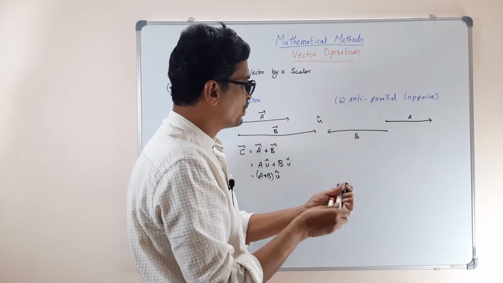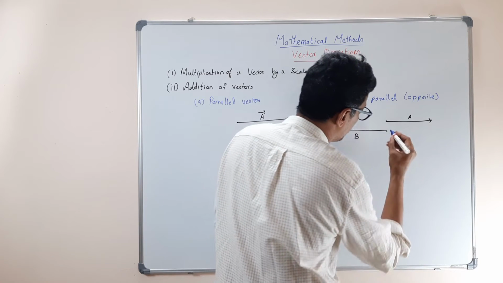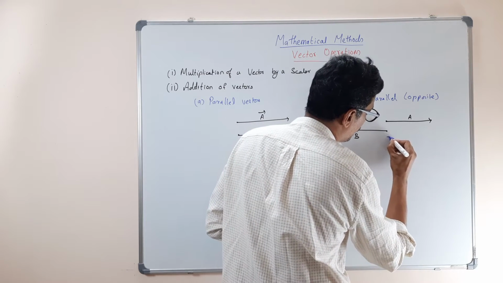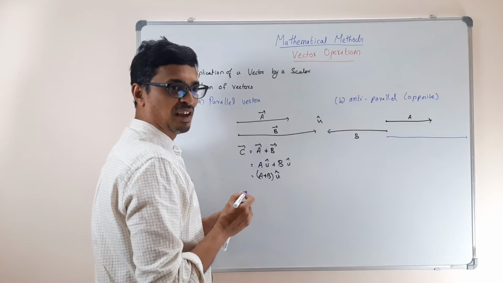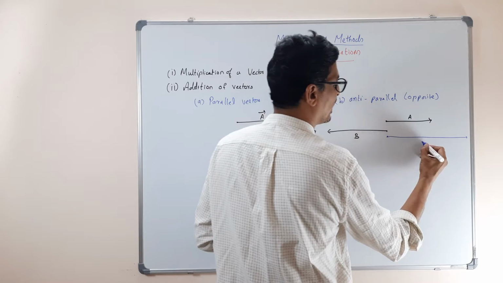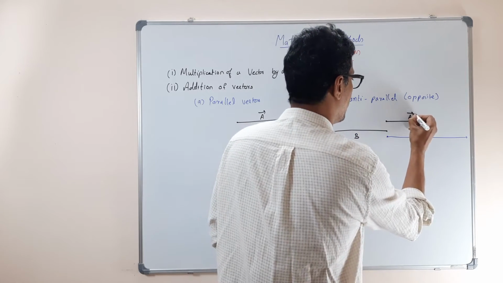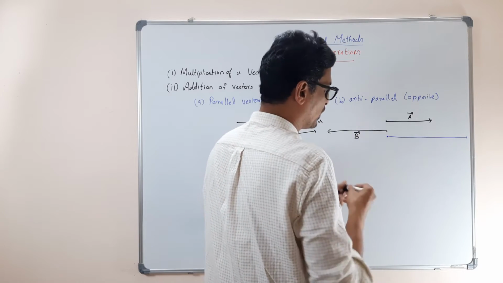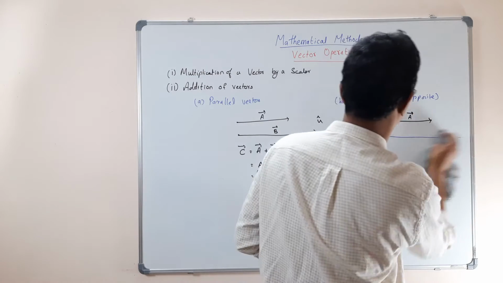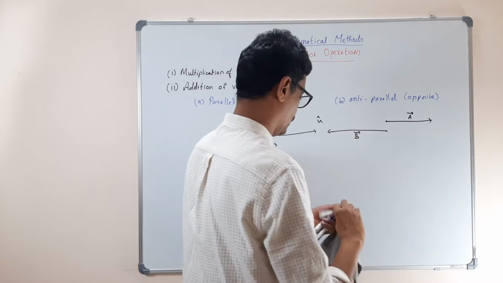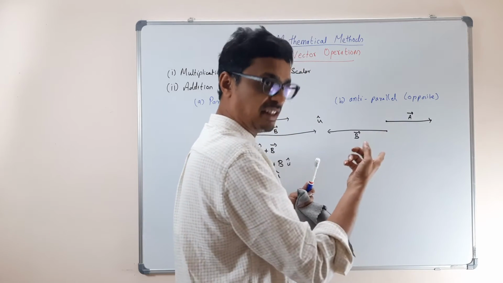So what am I going to do? Instead of this vector, I will draw another vector of the same magnitude but opposite direction. If this is A and this is B, let me draw the opposite vector to B. We discussed already, right?